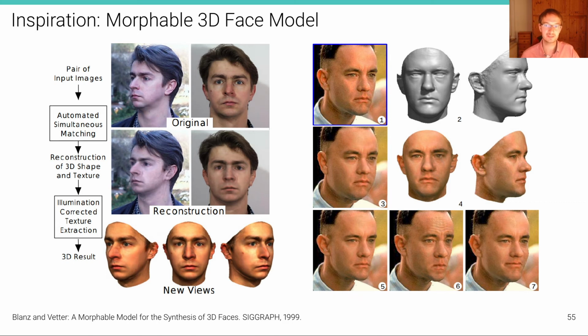There's a little old video from this technique, which is still amazing to watch these days in terms of the accuracy that this model has achieved. I want to play this video for a little while so you can get an idea of what this method is doing and what it's capable of.